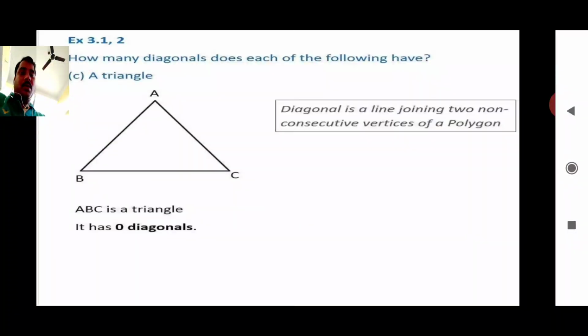Then next, how many diagonals does each of the following have? A triangle. How many sides in a triangle? 3 sides. Can you draw any diagonals? Because here are 3 vertices A, B, C, and these are connected to each other. So ABC is a triangle and it has 0 diagonals.